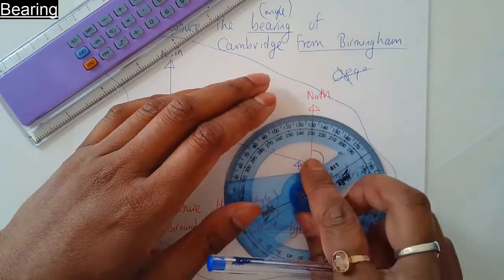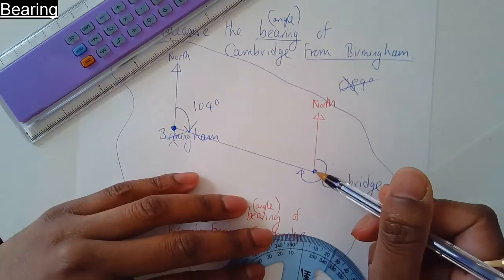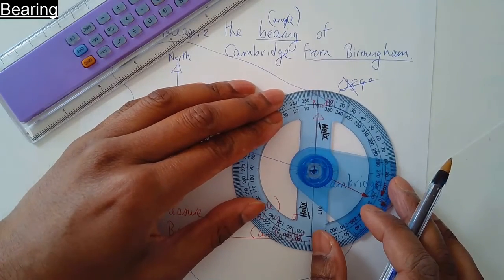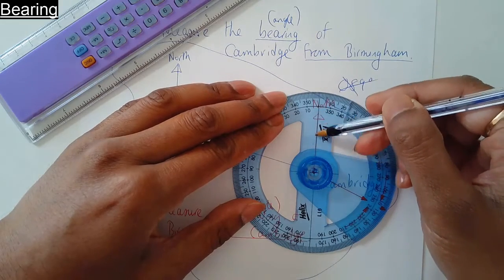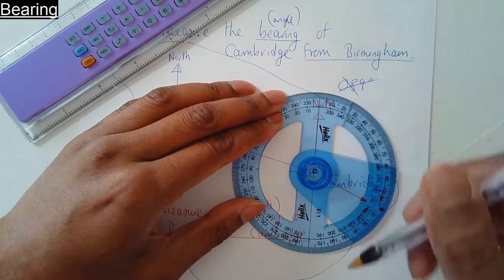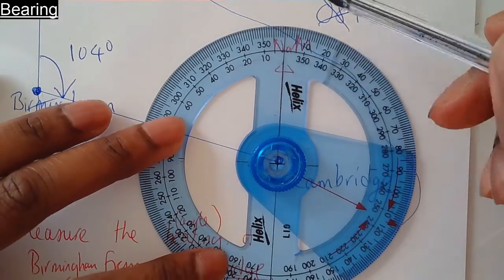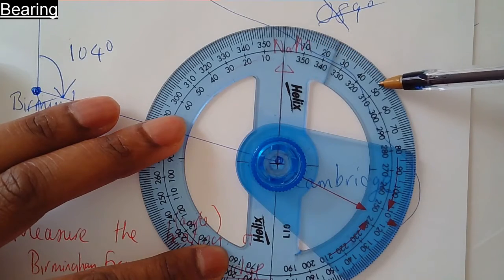Put the center of the protractor on that dot. Make sure the 0 is lined up perfectly. So we're going to go clockwise. That's 10, 20, 30.